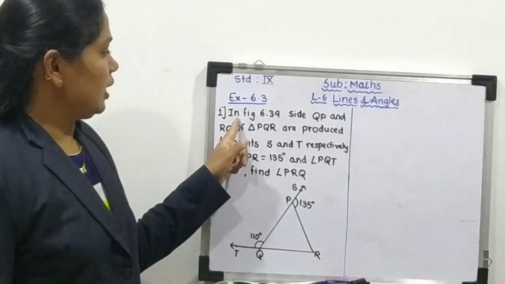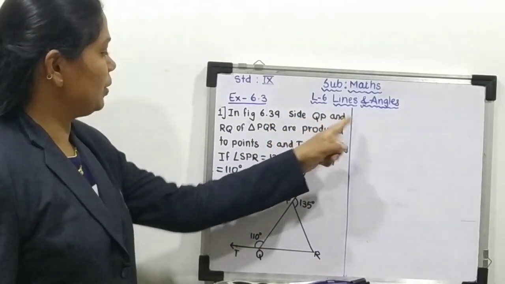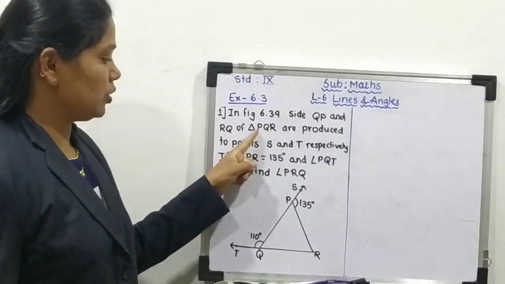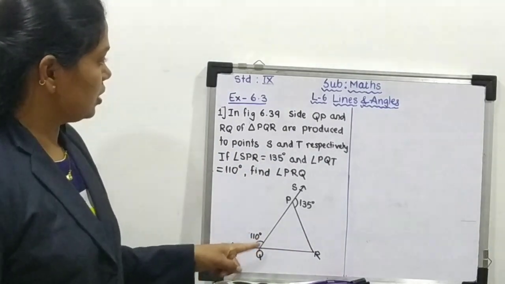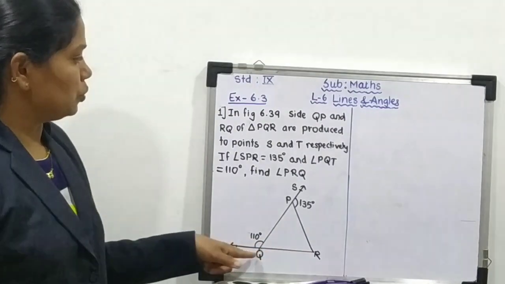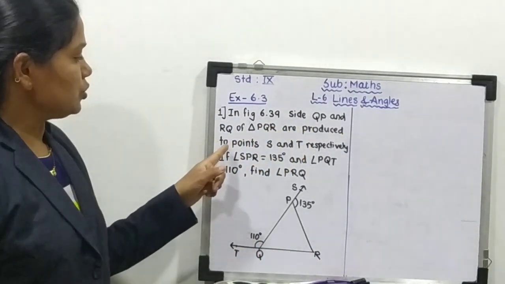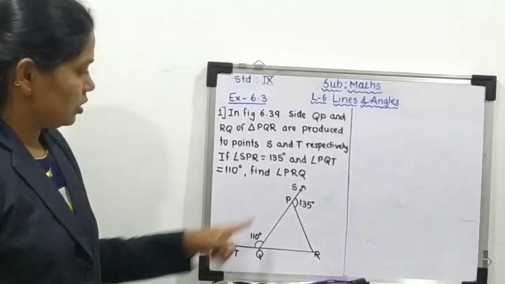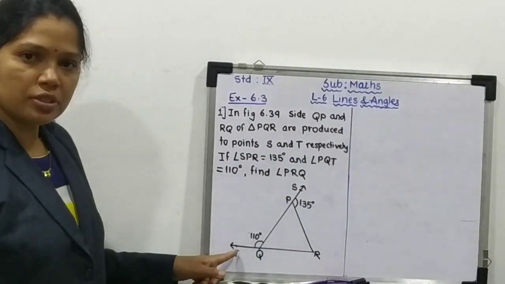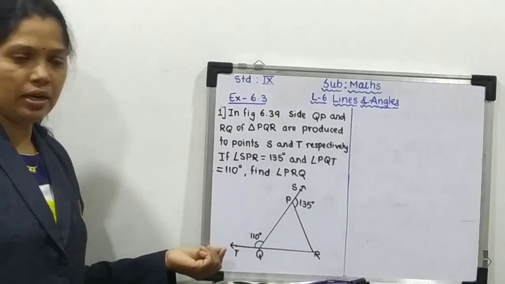The very first question I have written here: in figure 6.39, sides QP and RQ of triangle PQR are produced to points S and T. So S and T are points produced, meaning those sides are extended.